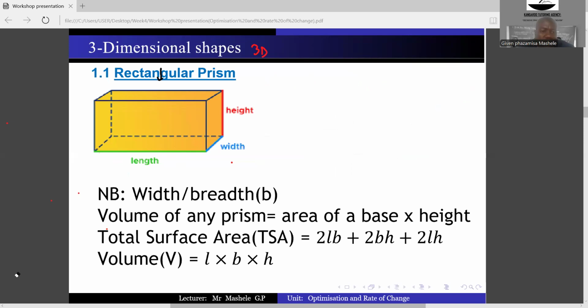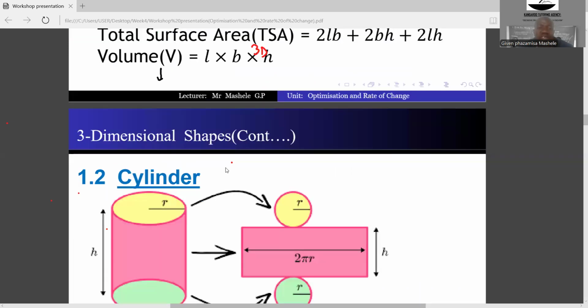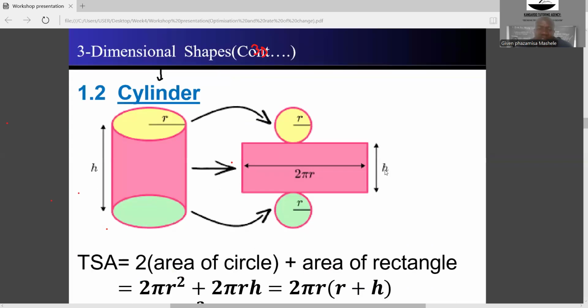All right, moving on to the next slide, then we have a cylinder. A cylinder is, for example, the bucket that you use at home to fetch water. That is an example of a cylinder.